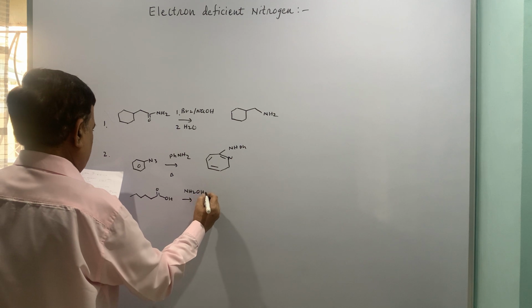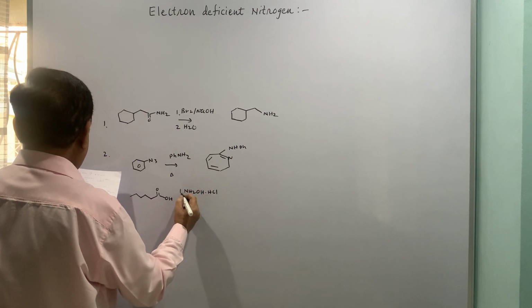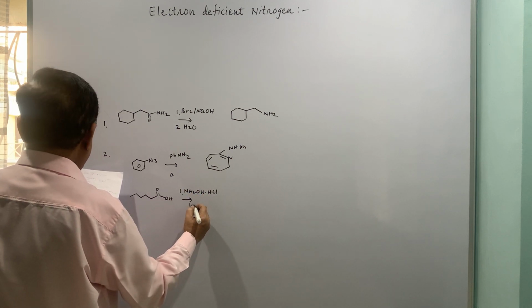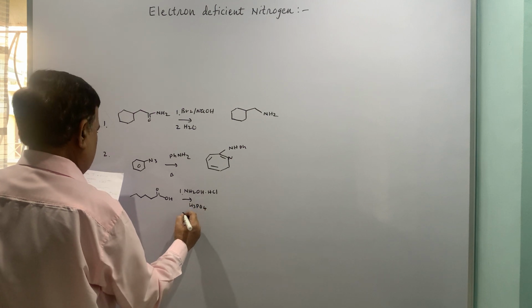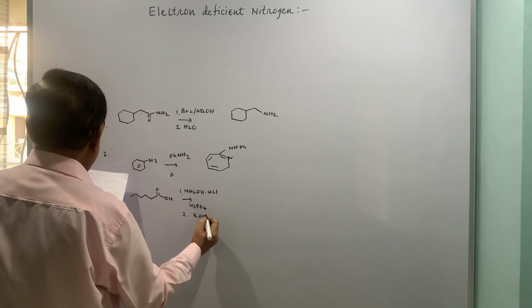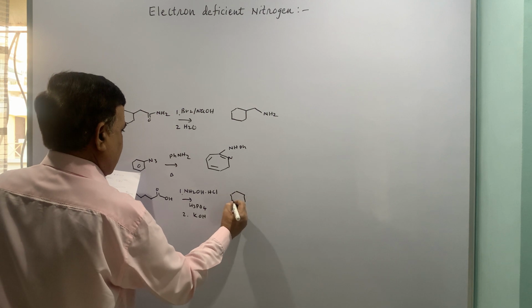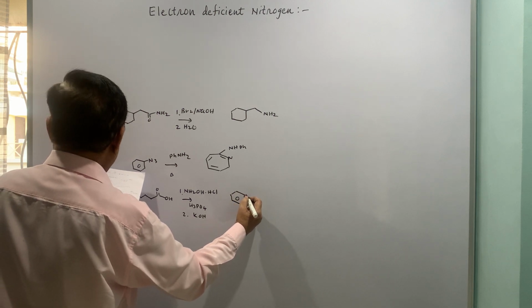NH2OH HCl. I am just putting the reagents which are given over there. Phosphoric acid, and second is KOH. Product is also mentioned.